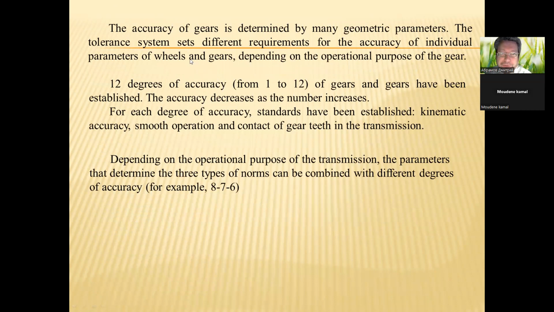The accuracy of gears is determined by many geometric parameters. The tolerance system sets different requirements for the accuracy of individual parameters of wheels and gears, depending on the operational purpose of the gear. 12 degrees of accuracy, from 1 to 12, have been established.